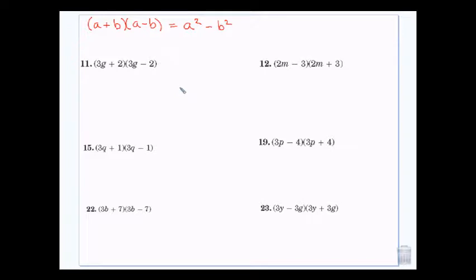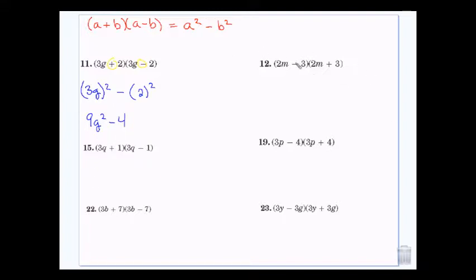So here I have 3g plus 2, 3g minus 2. That's what I'm looking for, this plus minus with the same numbers. When that happens, I take the first one and I square it, and I subtract the second one squared. So 9g squared minus 4.